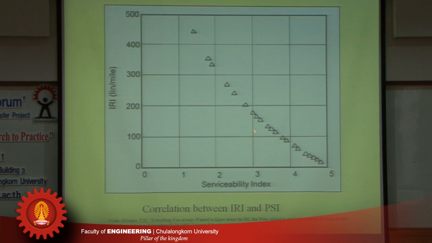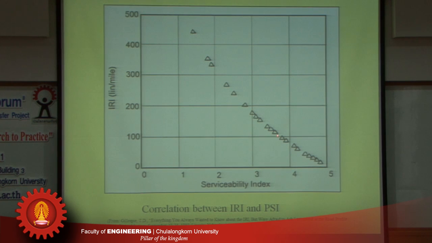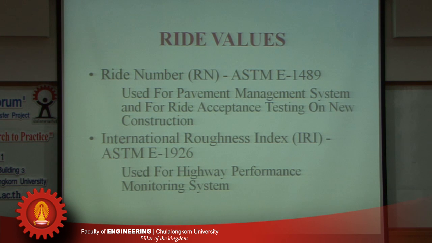But it would give us roughly this type of relationship. So if we have a present serviceability of 3, we would roughly get an IRI of about 180 inch per mile. Okay, so the longitudinal profile is measured by the laser sensor. It's used to determine the ride number, and then also the IRI.